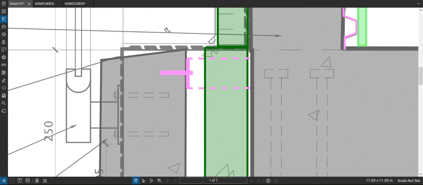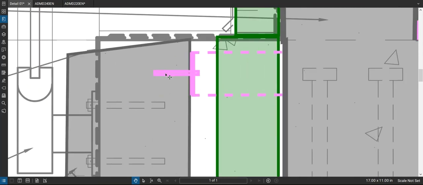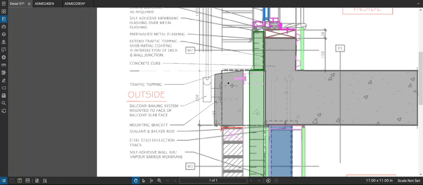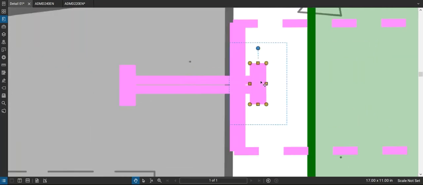You could even have a threaded bolt cast into the concrete here, and then again have an aluminum plate or metal plate come off the curb or the face of the wall there, and then thread a nut onto there, something like that.